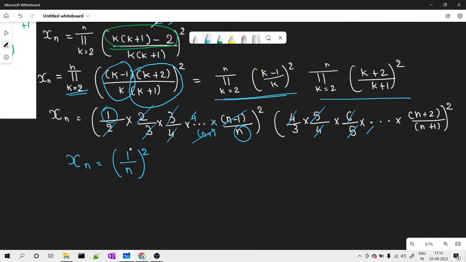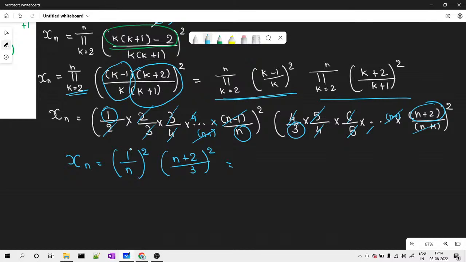The n plus 1 in the previous term will get cancelled with the n plus 1 over here. So what I'm left with is 3 in the denominator and n plus 2 in the numerator. So it is nothing but ((n plus 2) by 3) the whole square. So xn has a simplified version as this.